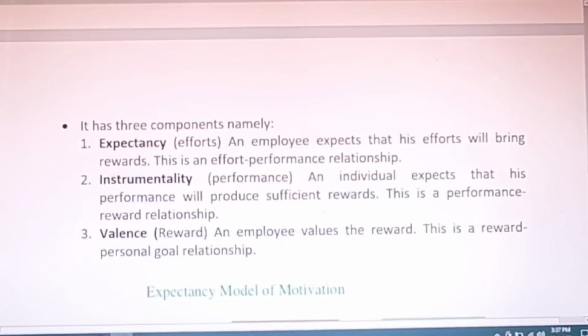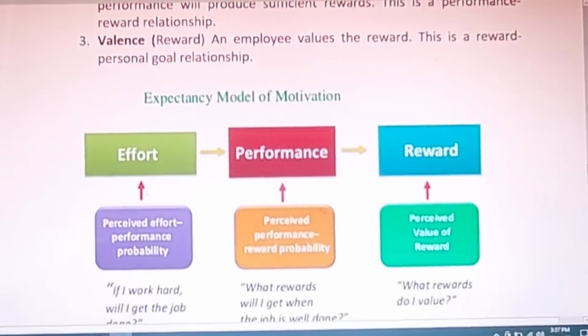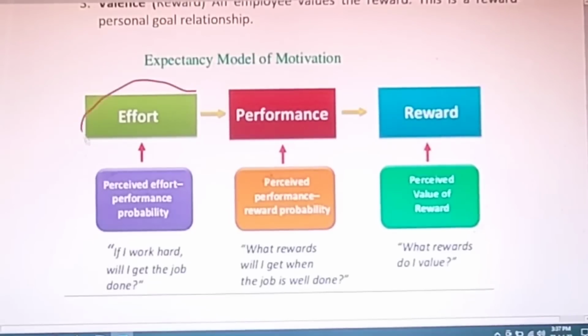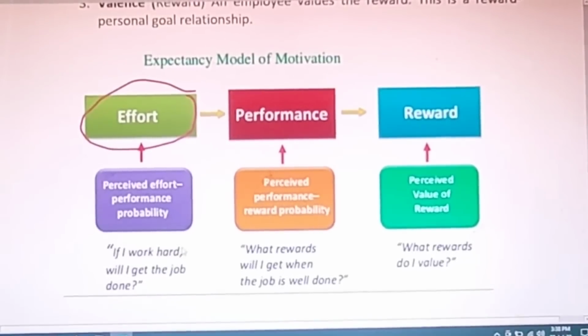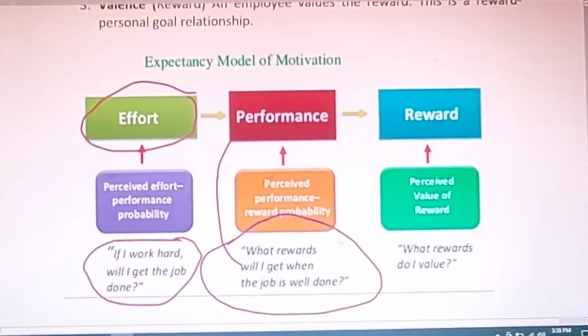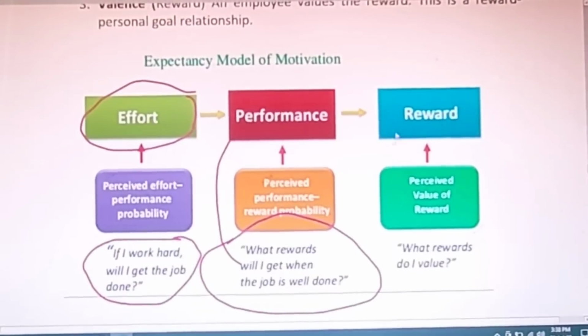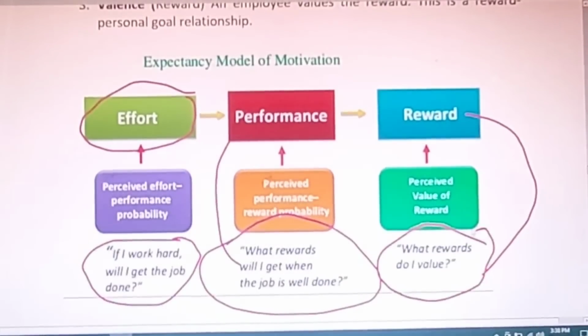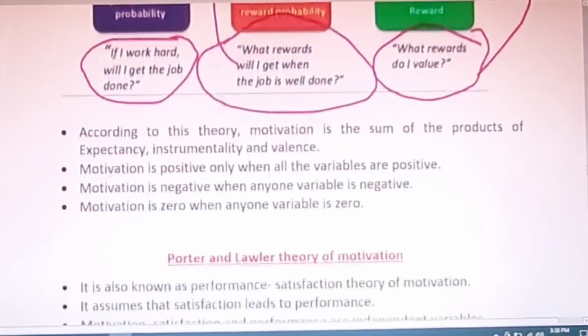He is motivated to work hard. These are a few flow charts I have drawn for this. The first one is efforts: if I work hard, I will get the job done. Then comes performance. The rewards: will I get sufficient rewards for that? And this is reward: what rewards do I value. Like this, a person is motivated.